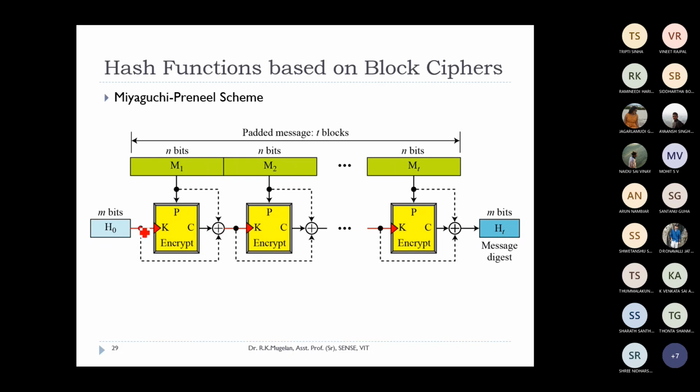They took the seed value, they took the plain text input, that is the parent bit, and the final output of the ciphertext is XORed with all these three to get me the hash value here. And this is repeated for T blocks, and the final output is again XORed. Here, XOR means all these three values will be of the same size or same length, so that I'll get the same output size of message digest.